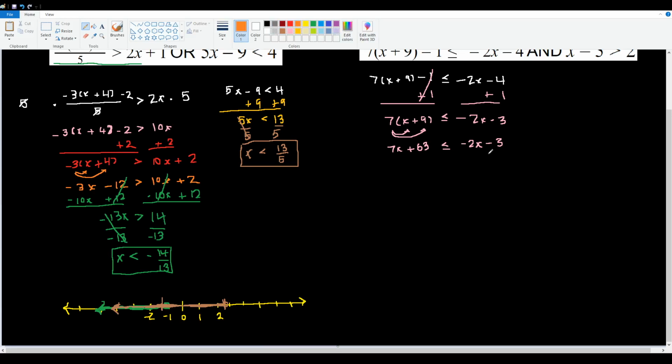So plus 2x on this side, and then minus 63. Doing that, we get 9x is less than or equal to negative 66.